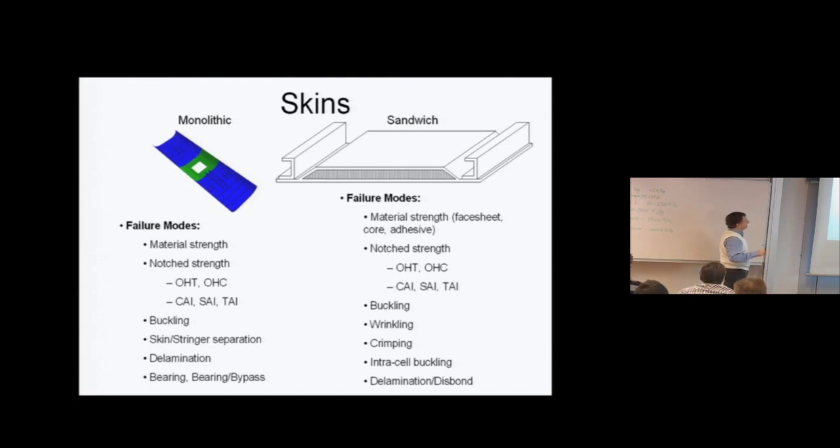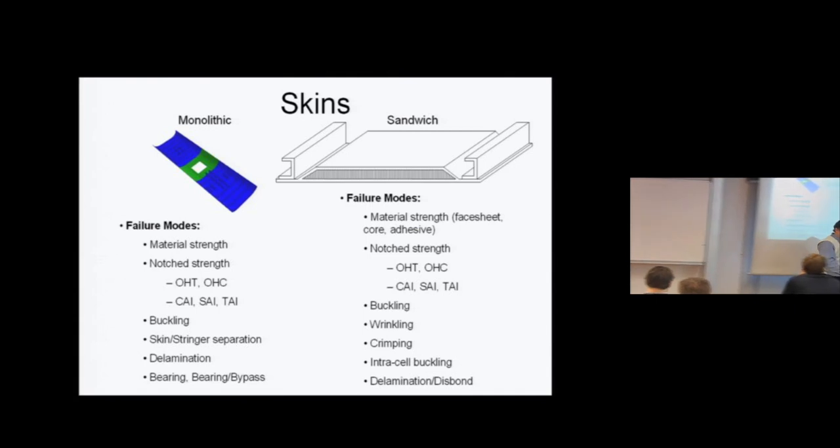You still have the same notch strength concerns and buckling, and then all of a sudden you have specific failure modes to sandwich, and this is just an exercise in the English vocabulary at this point: wrinkling, crimping, intracellular buckling, delamination. All these we'll see towards the end of the course when we cover sandwich separately.